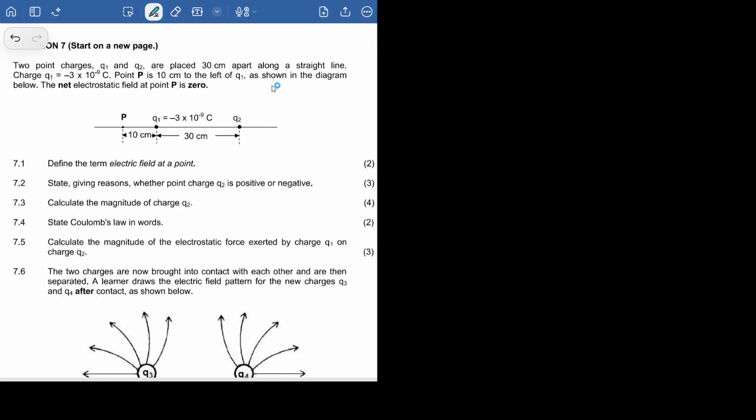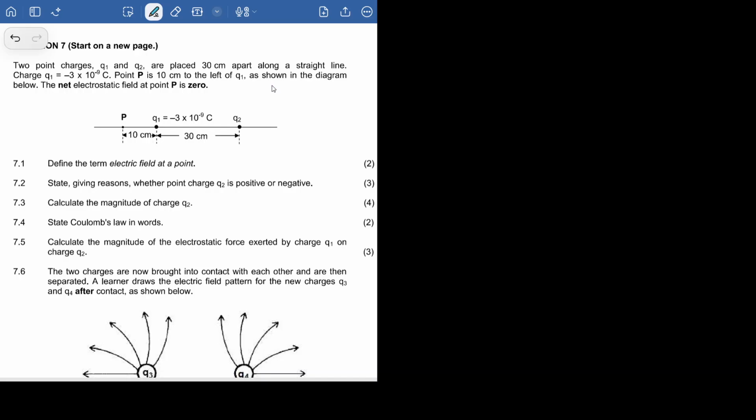All right. So what does this mean? It means that electrostatic field at Q2 plus electrostatic field at Q1 is equal to 0 with reference to P. So that's what it means.